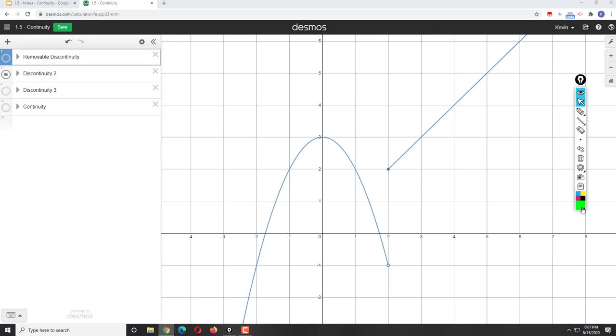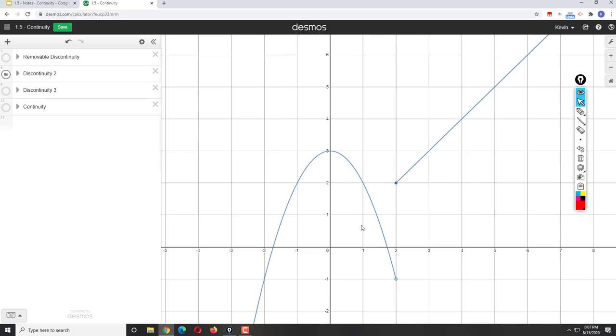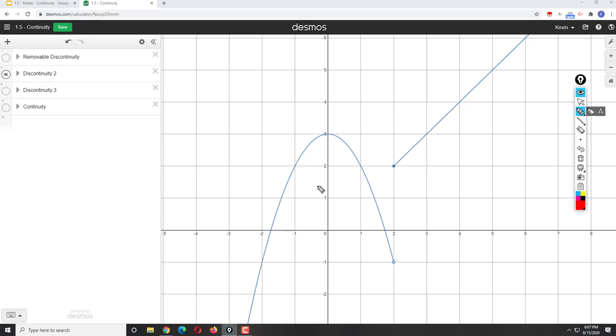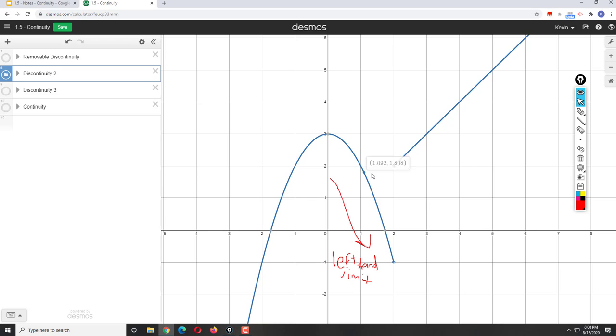Well, the left-hand limit comes from the left-hand side. What is the graph approaching? The left-hand limit, when we follow the function from the left-hand side, is approaching the number negative 1. So the left-hand limit is negative 1.